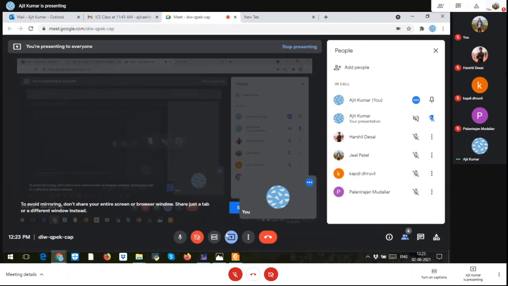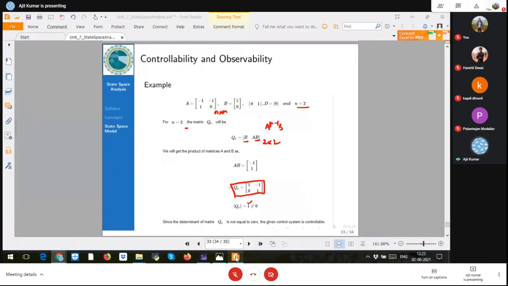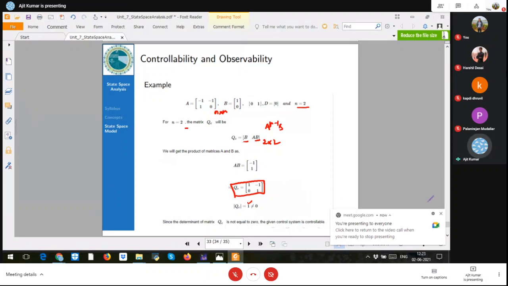So coming to this exercise, your controllability matrix is 1 -1 0 1. So is it controllable or not? It is controllable because it is a full rank matrix, because your determinant of QC is 1, which is non-zero. So the given system is controllable.